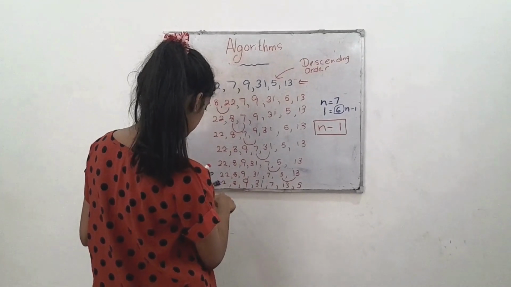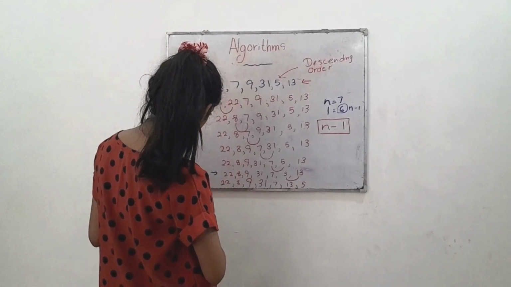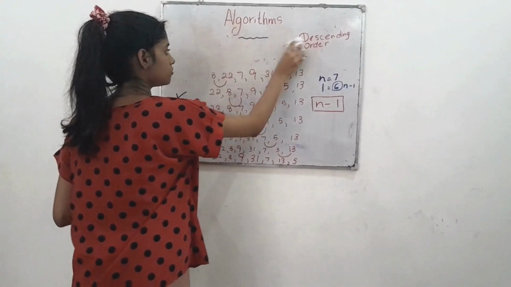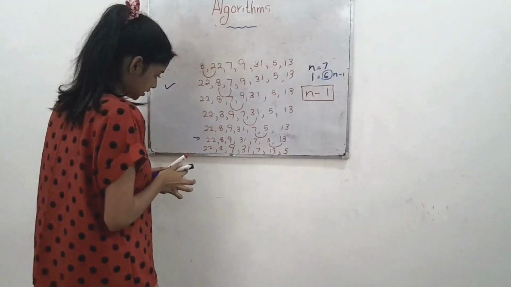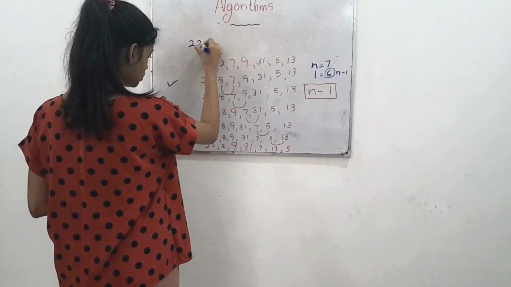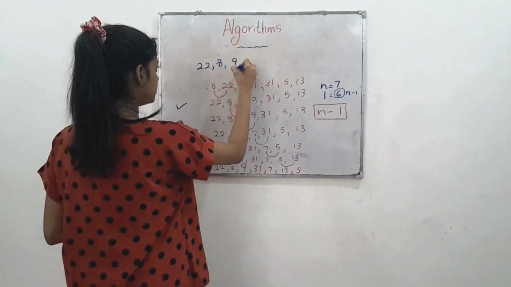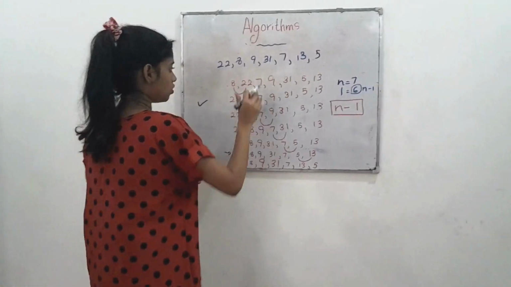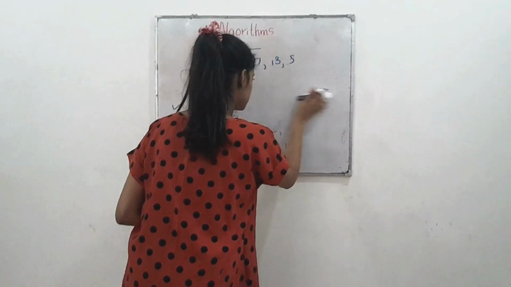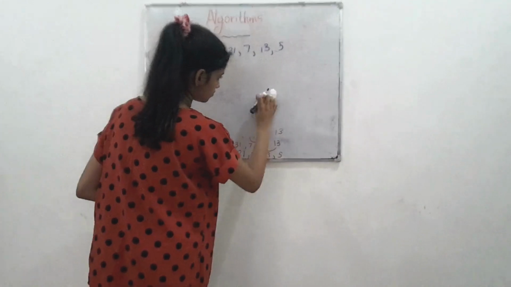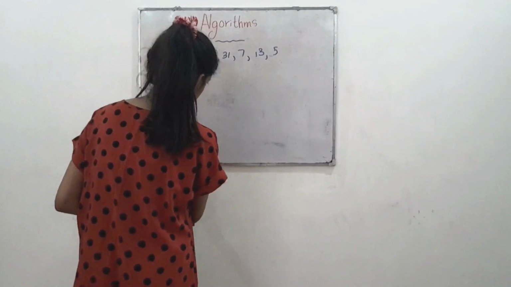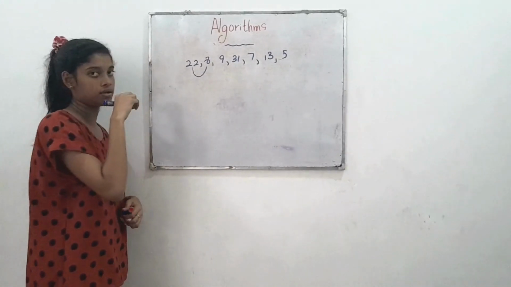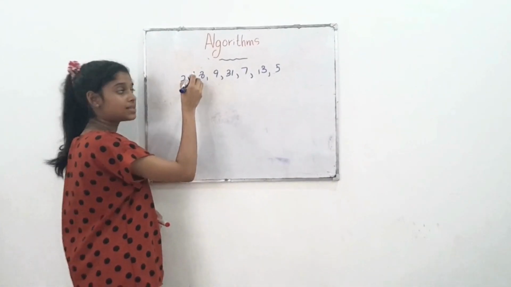Now let's go to the second round. This is the sorted answer from i round 1, so I'm writing it again: 22, 8, 9, 31, 7, 13, 5. Now you have to check these numbers first. 22 and 8: no swapping because 22 is larger than 8.